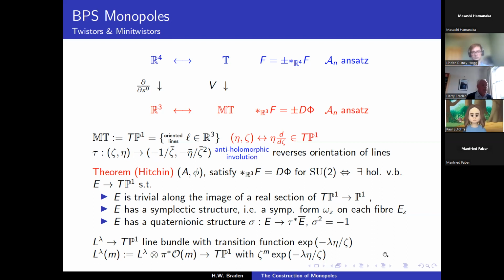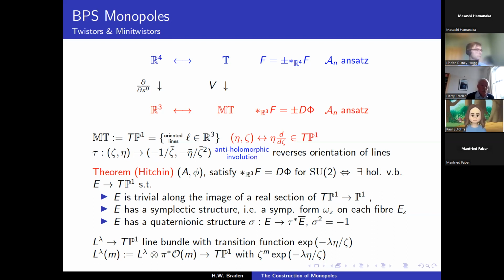And as we proceed, I'm just going to introduce a notation. I'm going to say L lambda is a line bundle on TP1 with the transition function I've written, and L lambda M is going to be the tensor product of that line bundle with the pullback of OM, where OM is the natural line bundle on TP1.